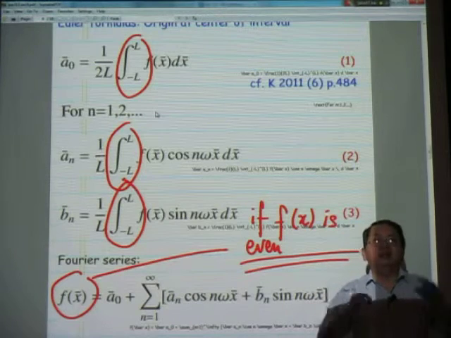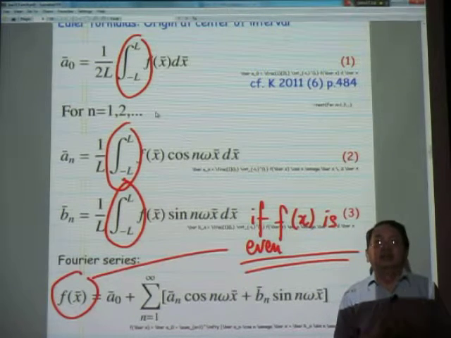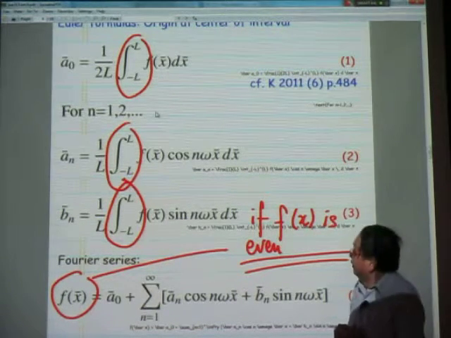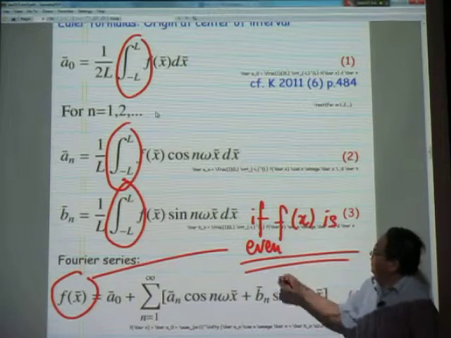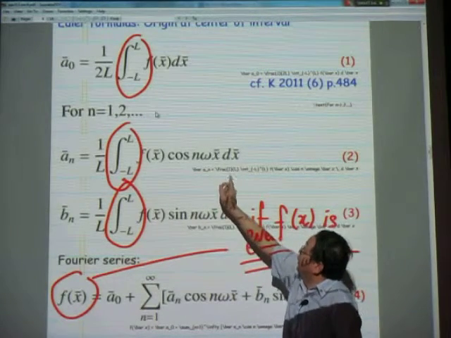Actually, it should look like this. So f is even.